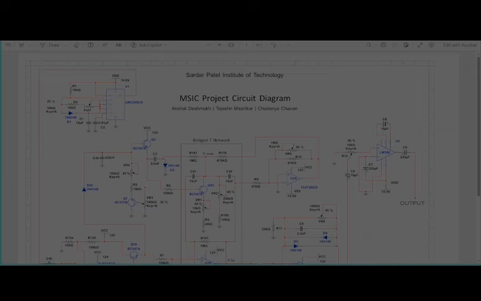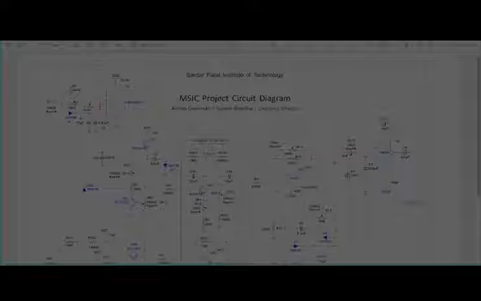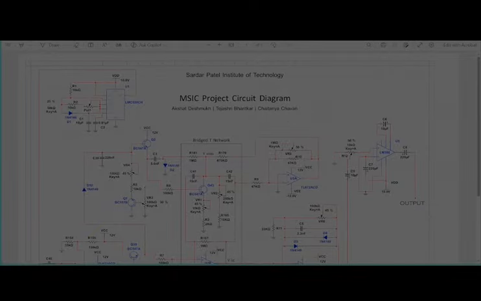The amplifier increases the signal power and drives an 8 ohm half watt speaker. This allows the analog kick drum sound to be heard clearly and loudly, as you have seen in the demonstration video.